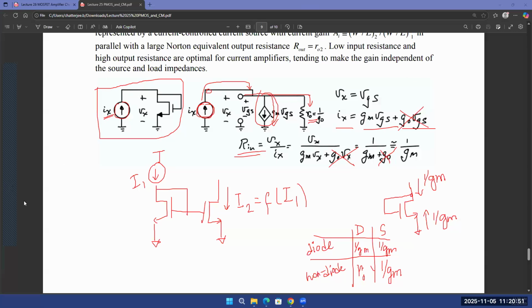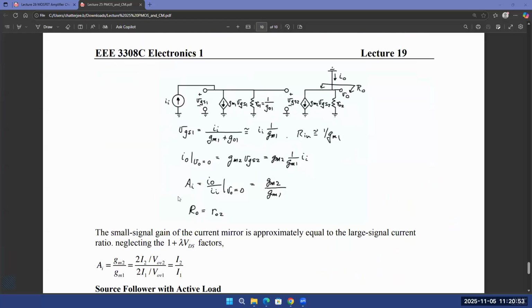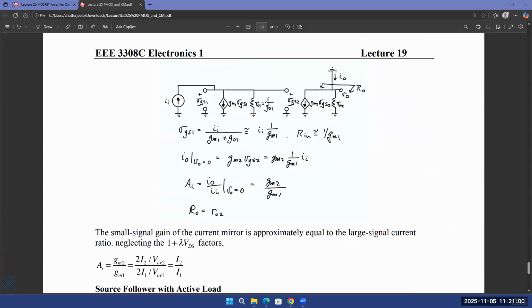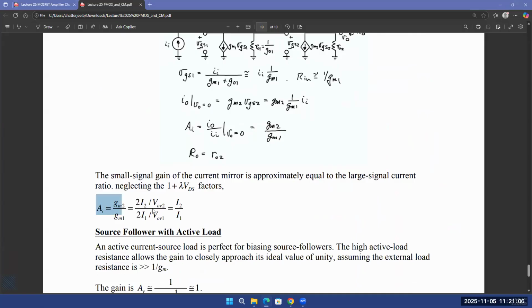Okay. Now, we can do the same small signal analysis for the second transistor, and eventually you'll find out that the current gain, which is I2 over I1, the current flowing through the second branch divided by the current flowing through the first branch, will again be a ratio of the widths of the two transistors, also a ratio of the gms of the two transistors. And because gm equals K times V-overdrive, it's basically the ratio of the two Ks, right?